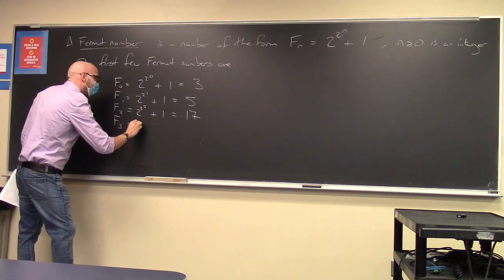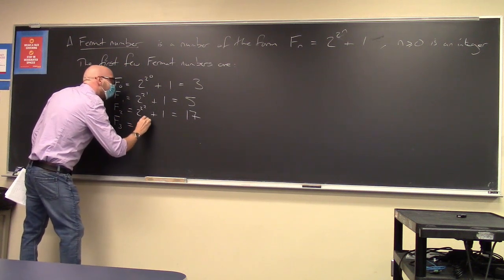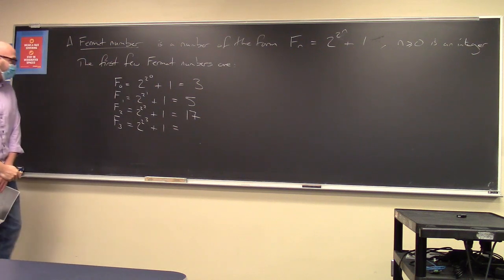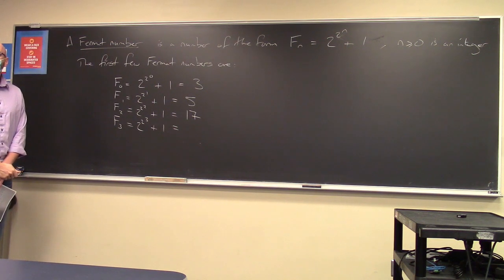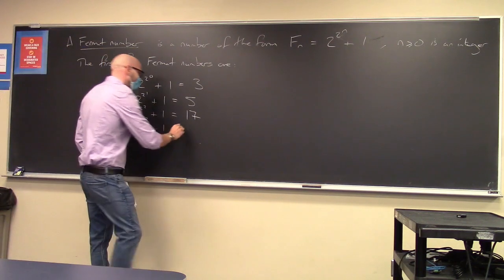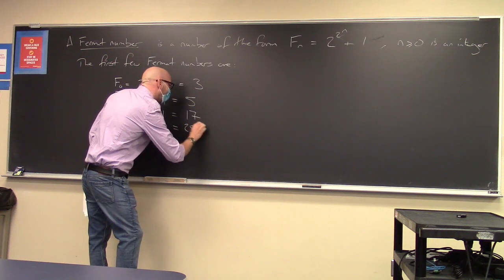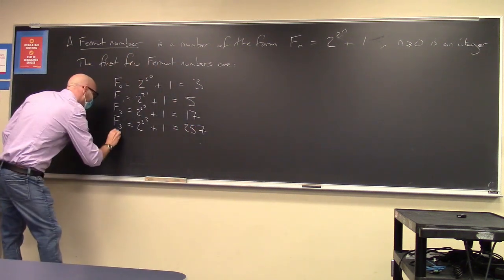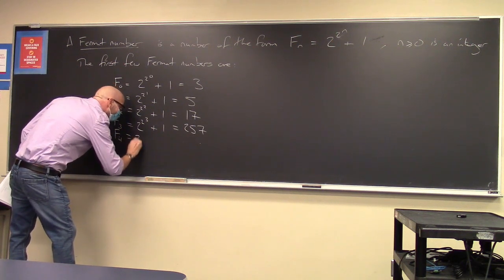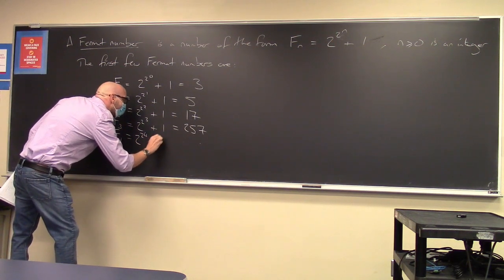F3 is 2 to the 2 to the 3 plus 1. 2 to the 8, what's 2 to the 8? 256 plus 1, so 257. F4, I'm still going for a reason, is 2 to the 2 to the 4 plus 1.